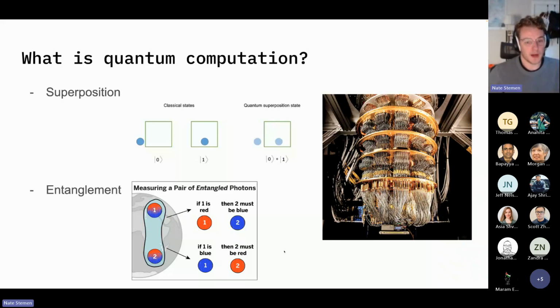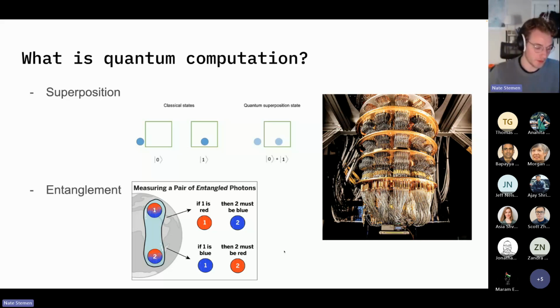The other physical property that goes into quantum systems that is unique to quantum computing is entanglement. This is the idea that two quantum systems can be correlated in a way that they can't necessarily be classically. Just to go through the example on screen, let's say we have two photons and they are entangled. So we could be in one of two states.